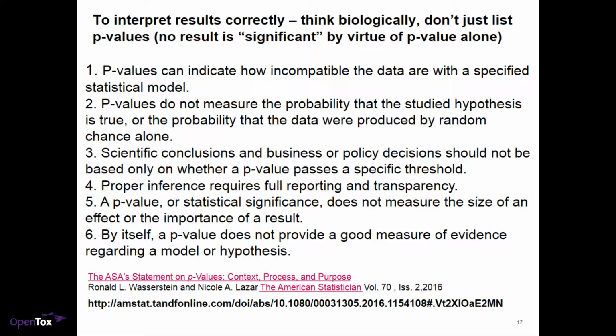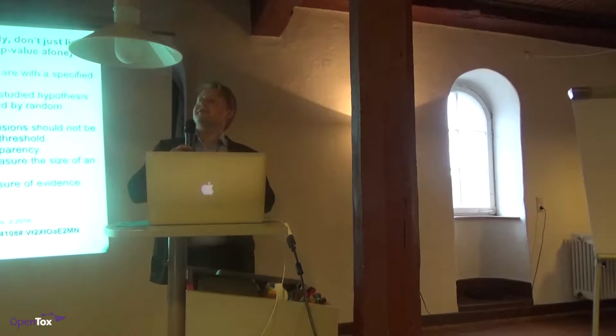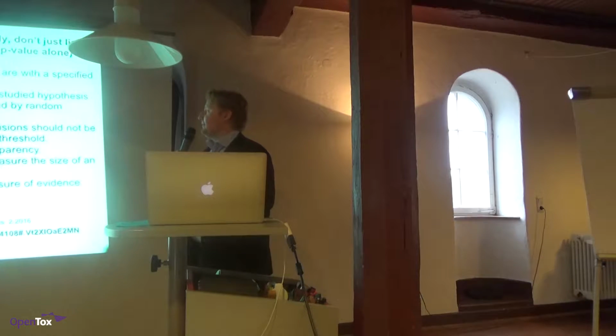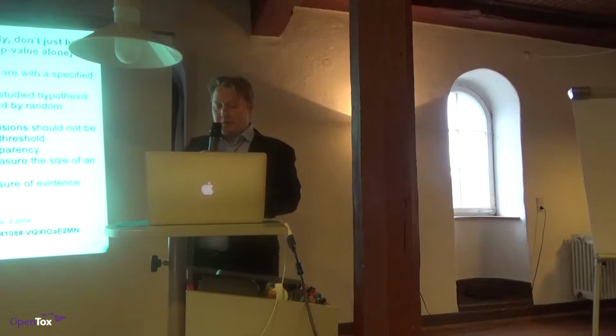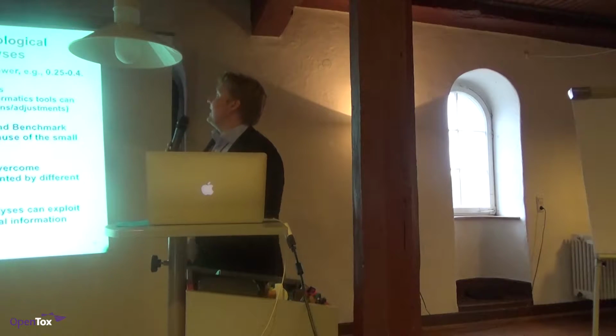Don't trust the p-values, but also think about the biological significance in a wider context. p-values are just testing the hypothesis that you formulated. It's not testing all the possible hypotheses that you could formulate and so on. You can maybe access that link later.